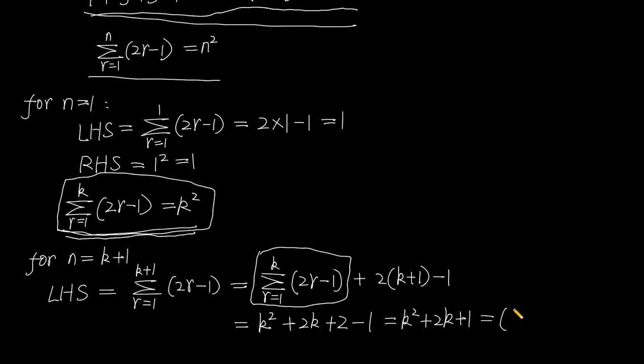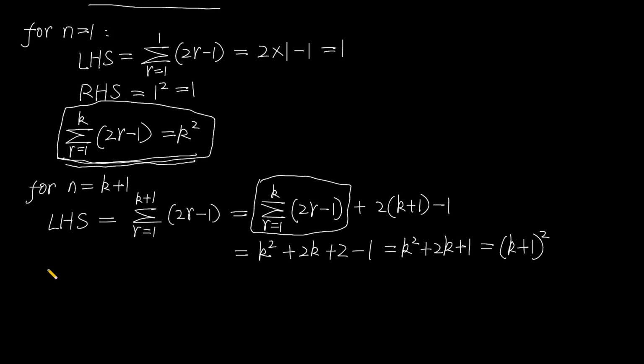This equals k plus 1 squared. For n equals k plus 1, the right hand side just equals k plus 1 squared. So for n equals k plus 1, the left hand side still equals the right hand side. They are the same.